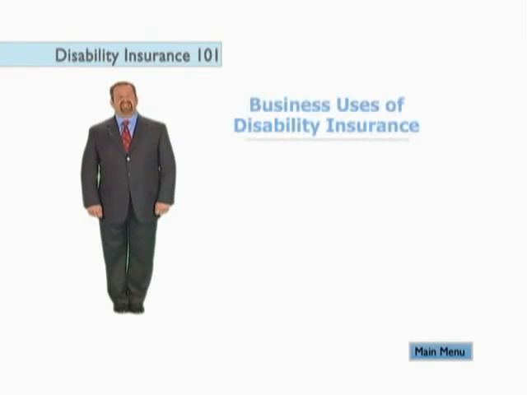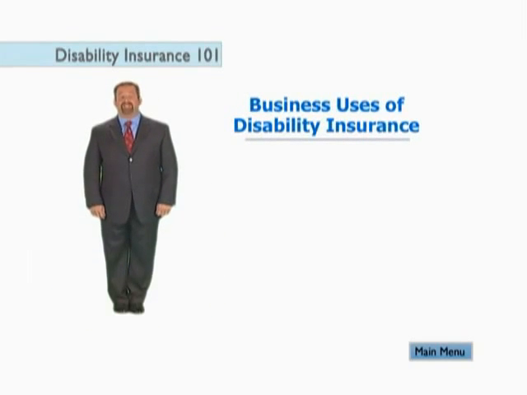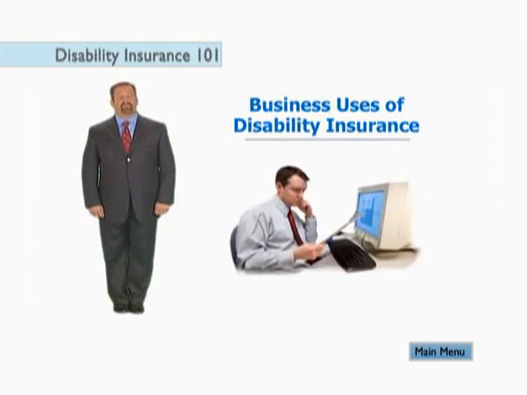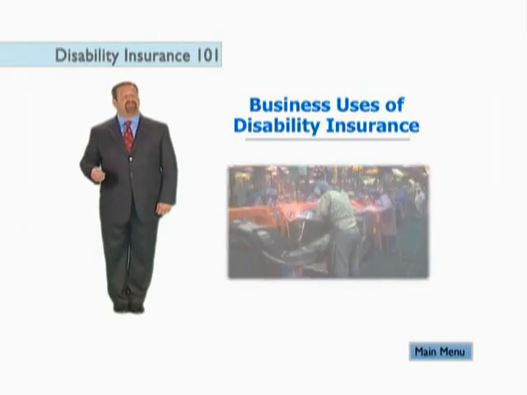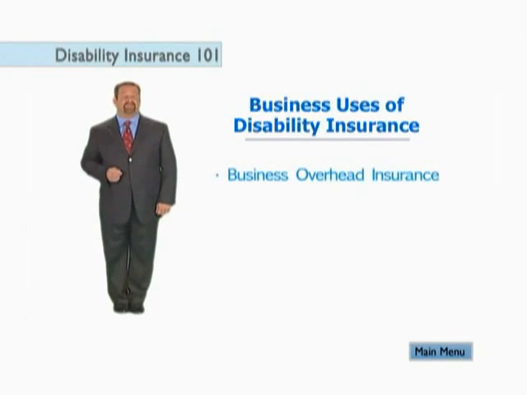So far, we've been talking about disability policies to replace your income, but there are also policies which reimburse a business owner or professional for their overhead expenses if they get sick or injured, and those policies are called disability overhead expense policies. There are also policies you can purchase on a person who is important to the success of your business, say a top salesperson.